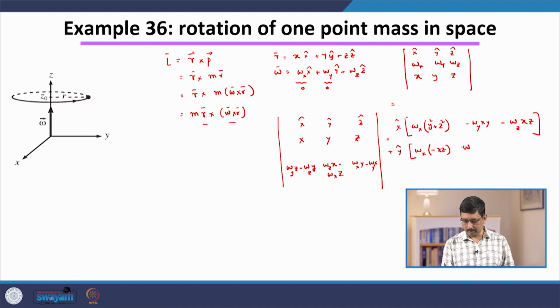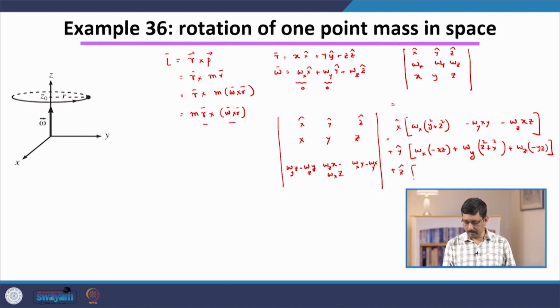Then omega y, the first term contains x square, sorry, z times this, there is a z square, and the other term has this times this, which will contribute 1 x square, and omega z will have a term y z minus y z.